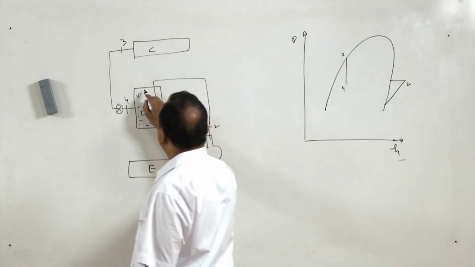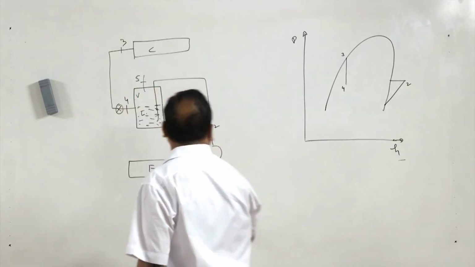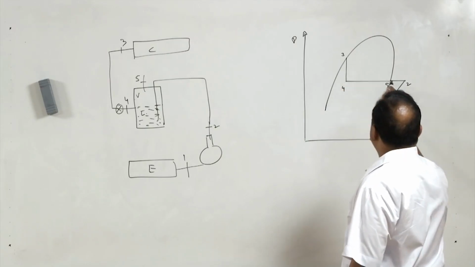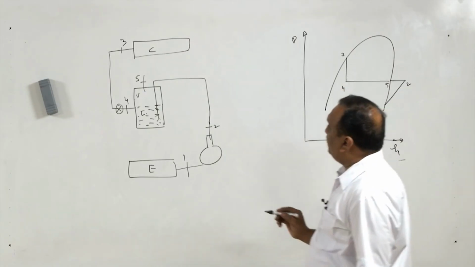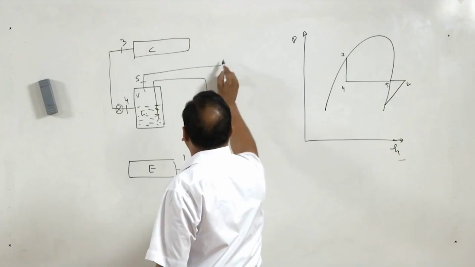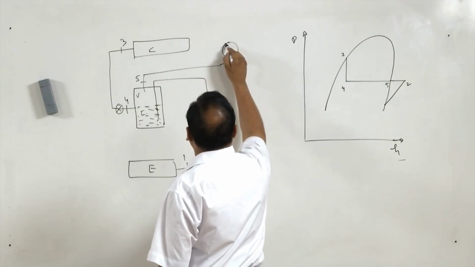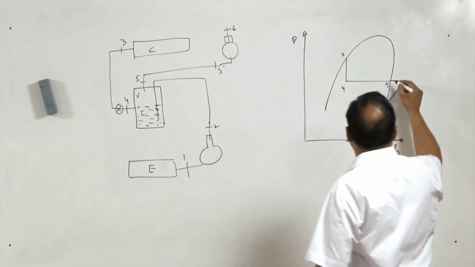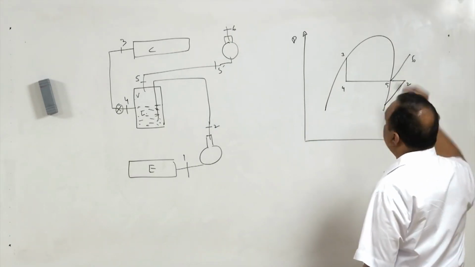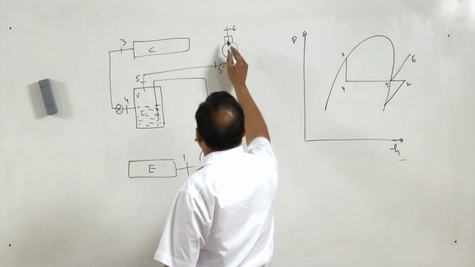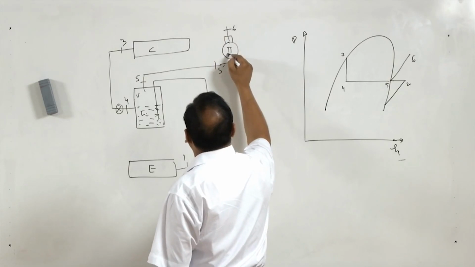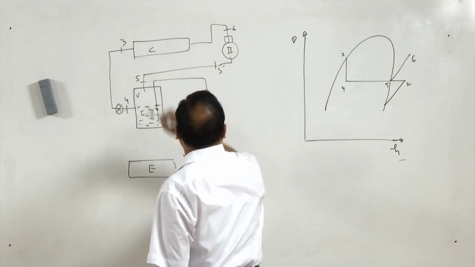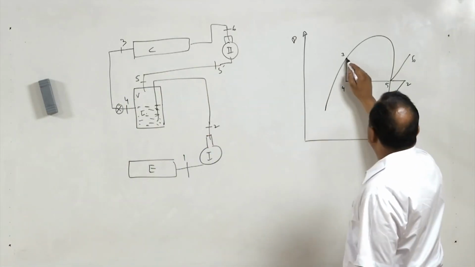Now this is 5. So we are getting 5 here, and from 5 it goes to the compressor again. After compression we get 6, and from 6, after the second compressor (this is the first compressor), it goes to the condenser and condensation takes place.